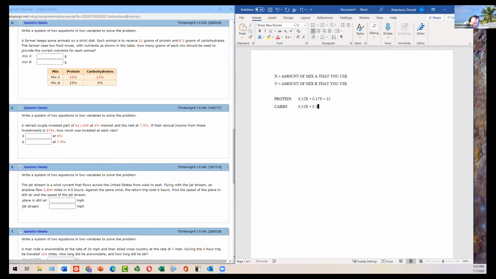Oh, let's do a mistake. 5% is not 0.5, is it? What decimal should I use for 5%? 0.05. Yeah. Now, do you see how easy it is to do that? I could have easily done that by accident. And that has to equal, according to this puzzle, 8.5.